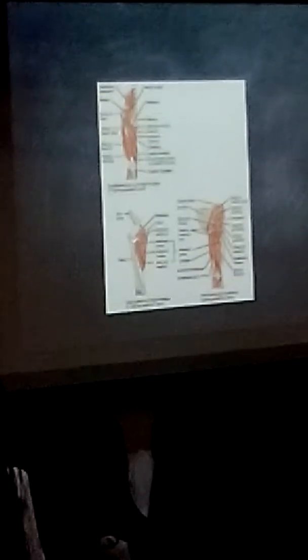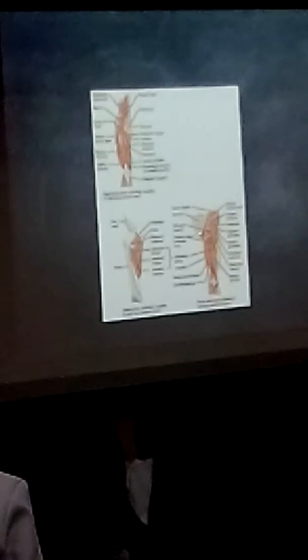Take note, most of them have their proximal attachment in the pubic area, the pubis, then attach to the medial side of the femur. And these are your posterior compartment. Take note, most of them have their proximal attachment in the ischial tuberosity and are attached to the medial side of the tibia and also the fibular head.